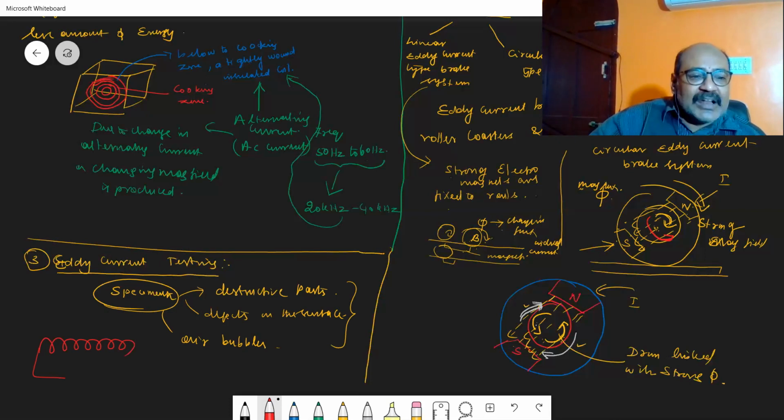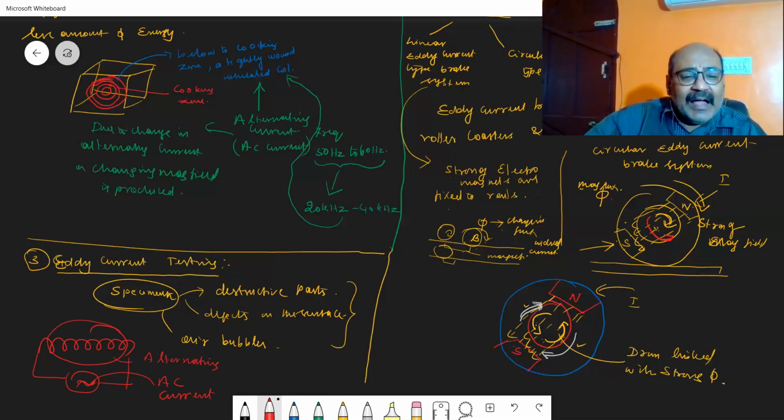This coil of insulated wire is supplied with alternating current. I have given a symbol like this, which represents alternating AC current. So to this coil, I am supplying an alternating current, and around this coil you will have an alternating magnetic field.